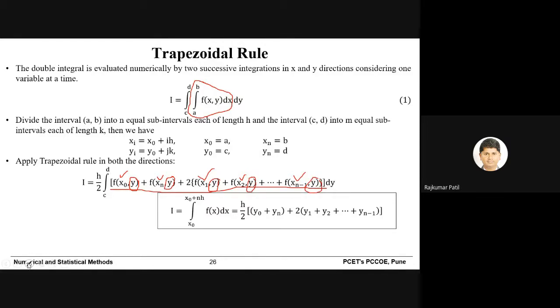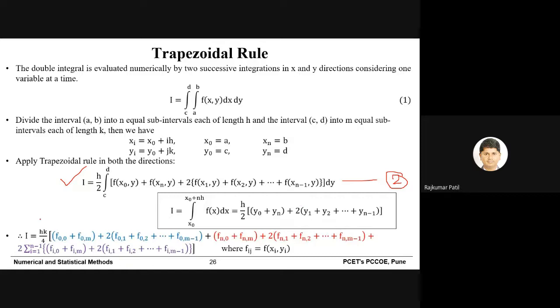Now, in the second part, what you need to do? You need to take the integration of this newly derived equation. Let's say equation number 2. When you take the integration of equation number 2 in the second part and simplify that equation, you will get this big complex equation. Now you may say that this is a very difficult equation to memorize.